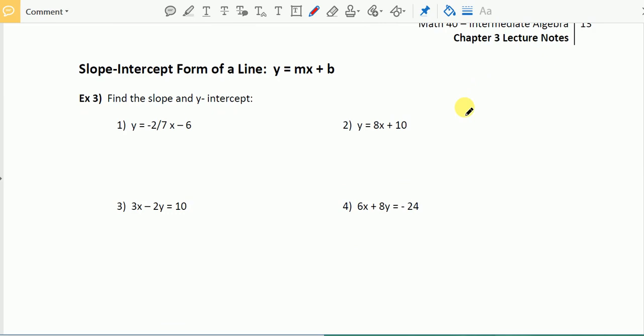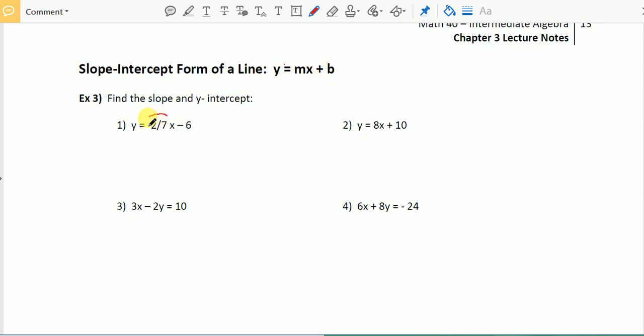Okay. Now you can find the slope and the y-intercept, right? And remember, the slope-intercept form is y equals mx plus b. M is the slope, b is the y-intercept. So this form is already in the form of mx plus b.